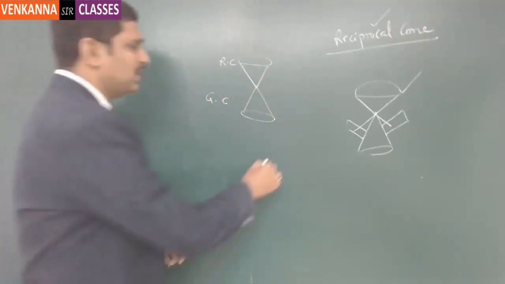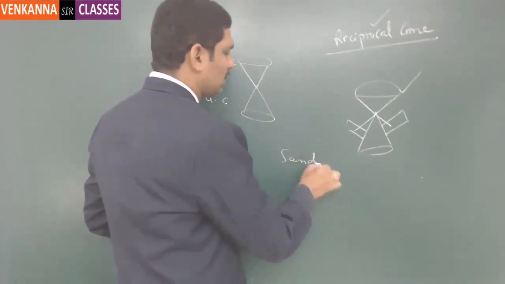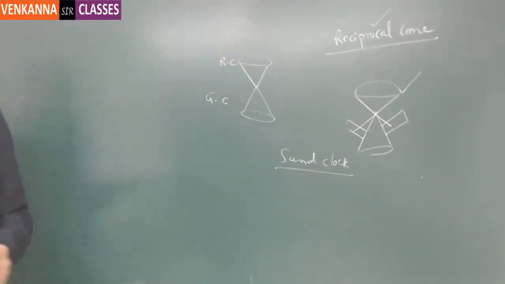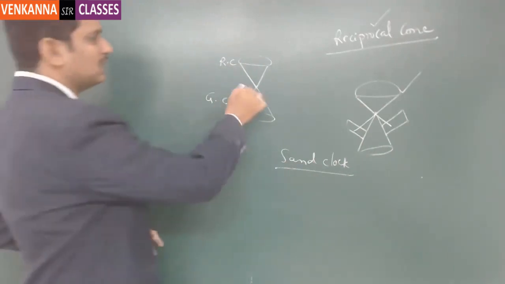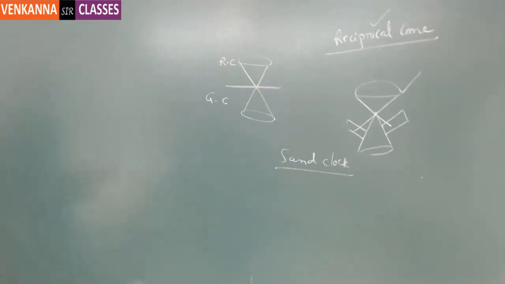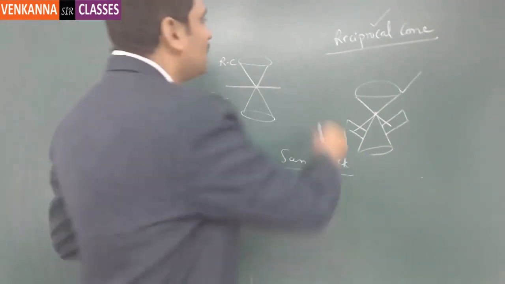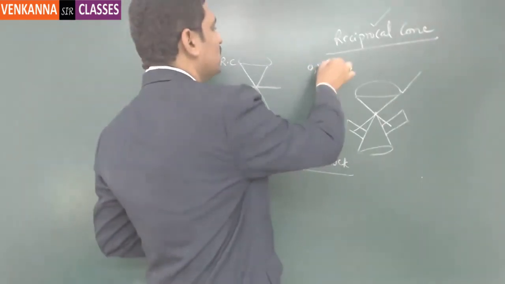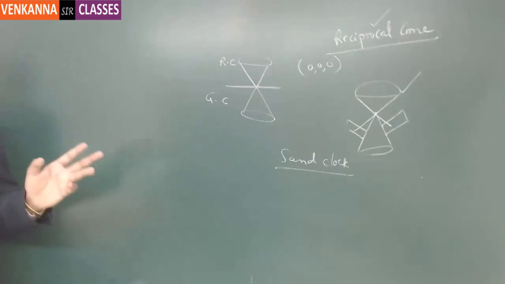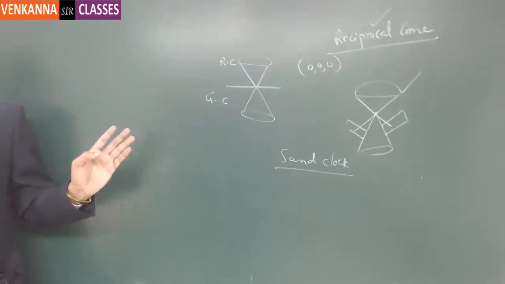The best example is to imagine a sand clock for reciprocal cone visualization, and they both share the common vertex. While doing the problems, we take the vertex to be the origin by default. So while calculating the reciprocal cone, we do the problems with the vertex at the origin.